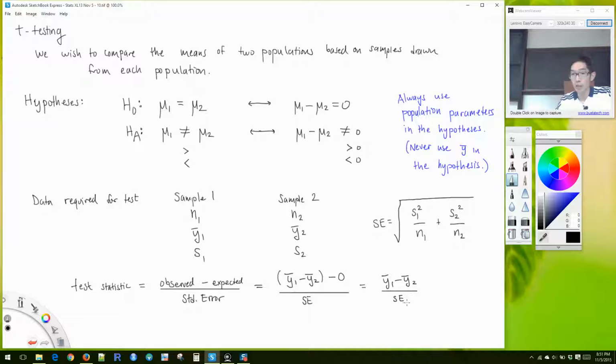Okay. And what we then do is we look up our test statistic, which we sometimes write as Ts, or just T, in the T table with degrees of freedom equal, and again this is an approximation, n1 plus n2 minus 2.